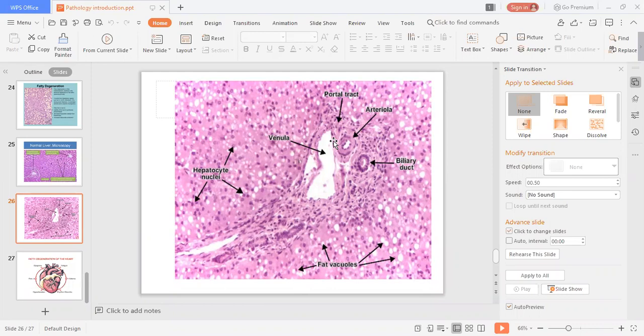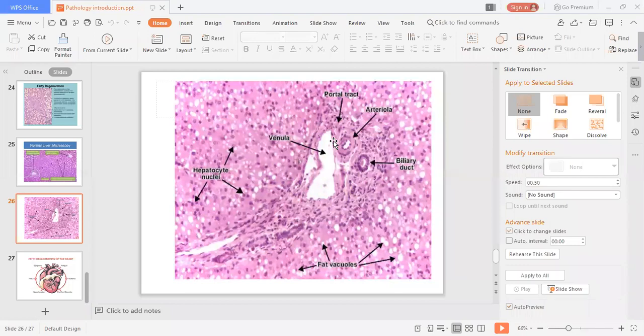Whenever there is lack of oxygen, the fat gets deposited near the center of the lobule, far away from the hepatic arteriole. But in case of poisons and toxins, this fat gets deposited near the suppliers, near the portal triad, away from the center.